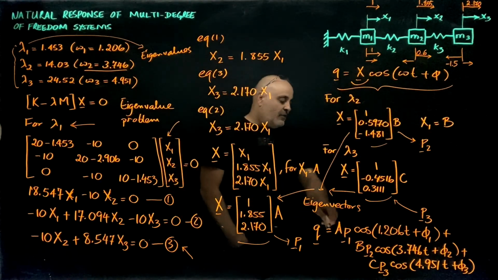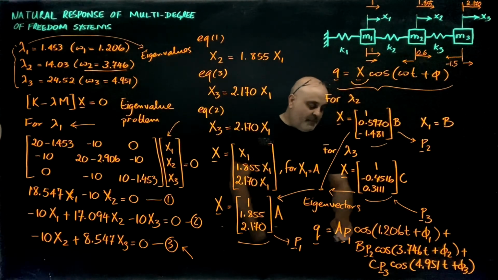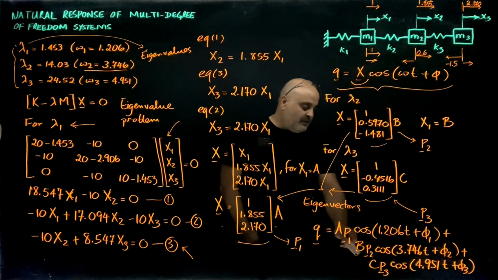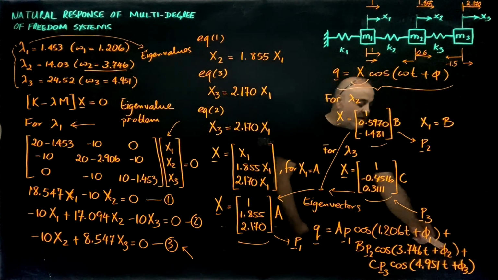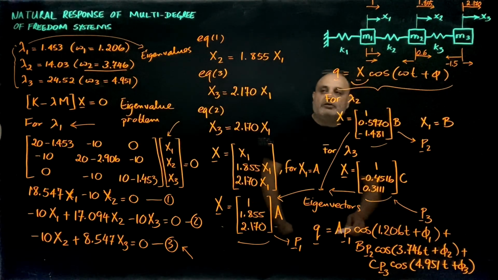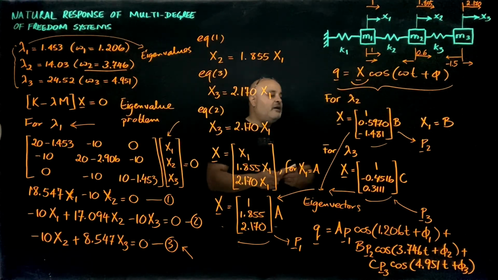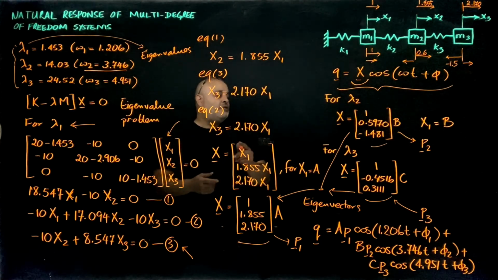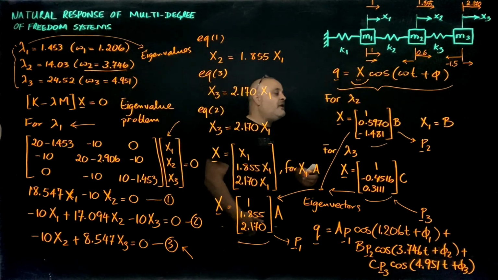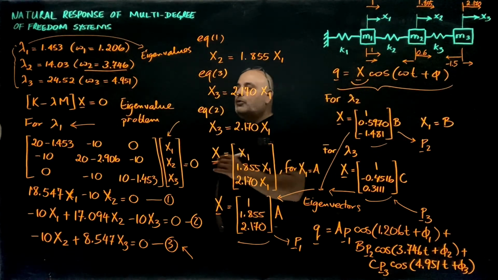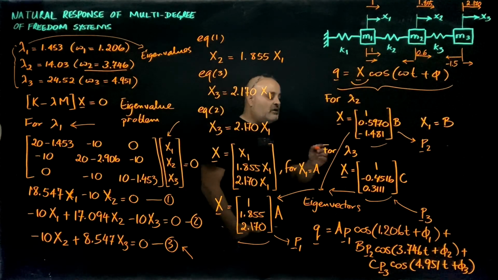We have three unknowns, or three coefficients A, B, C, and three phase angles, and these 6 values can be determined by the initial conditions, just like we did for the second degree freedom system. For each second order differential equation as an initial value problem, you need 2 initial conditions.